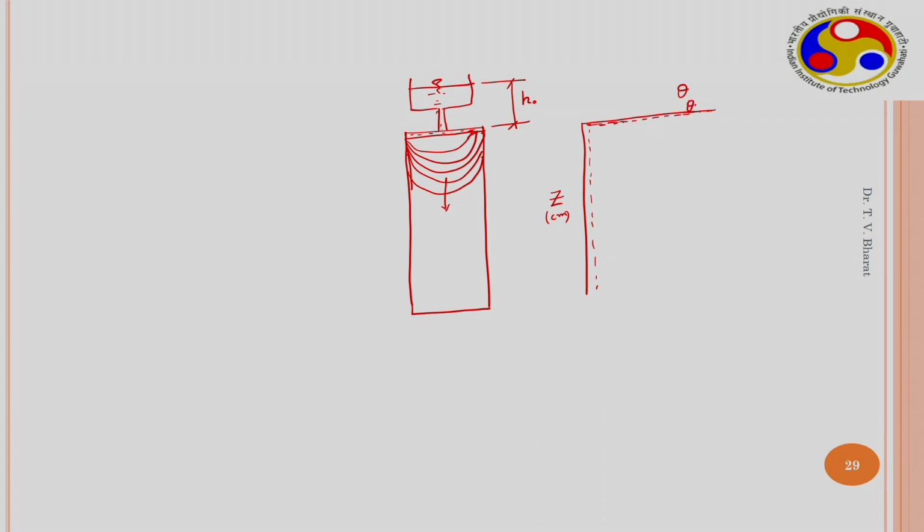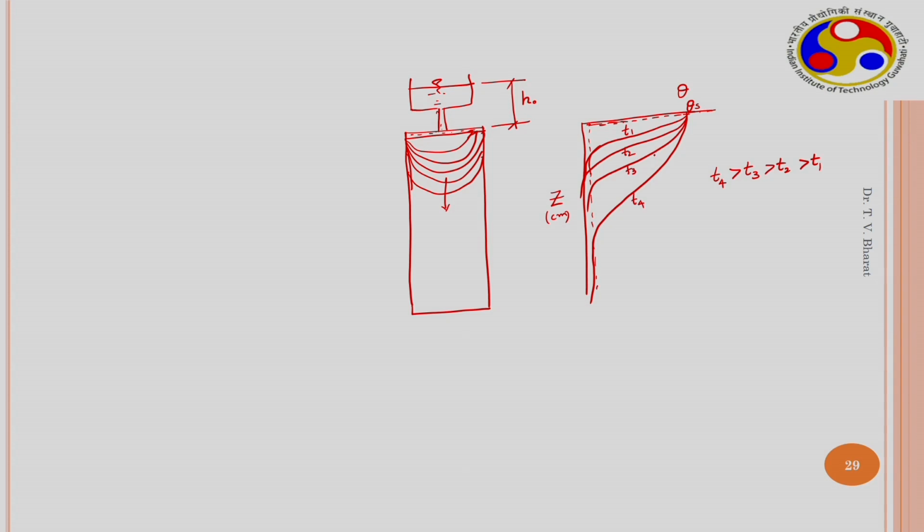Slowly it advances with time, and slowly it reaches like this. This is how the profile advances. So the volumetric water content increases in this particular manner. This is at time t1, this is t2, this is t3 and this is t4. Here t4 is more than t3, more than t2, more than t1. So this is how the volumetric water content increases within the soil with time.